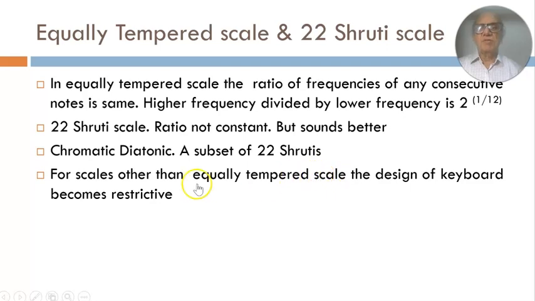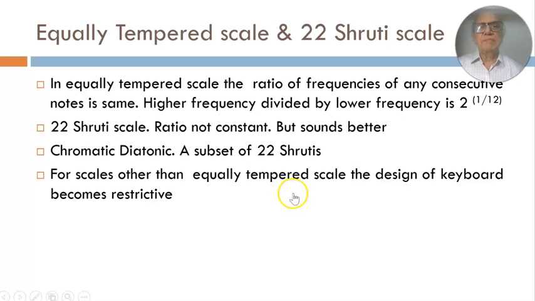Now, it's important to note that for scales other than the equally tempered scale, the design of the keyboard becomes restrictive. Why is that so? Because the ratio of the frequencies of consecutive notes is not constant. Therefore, if you design a keyboard for these scales, then your reference note is necessarily fixed in position. So every instrument will have to be tailor-made.